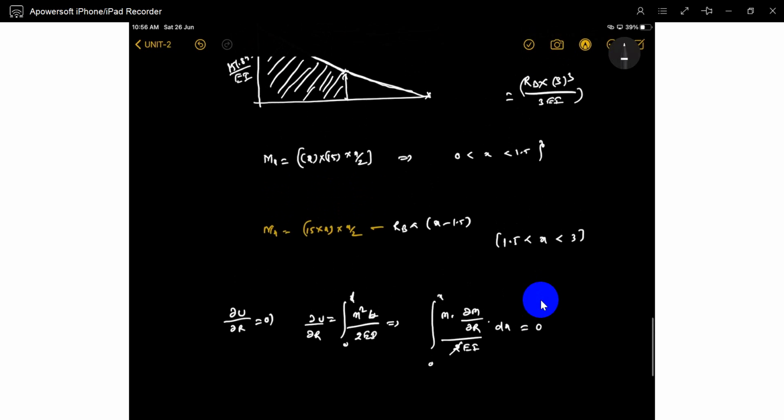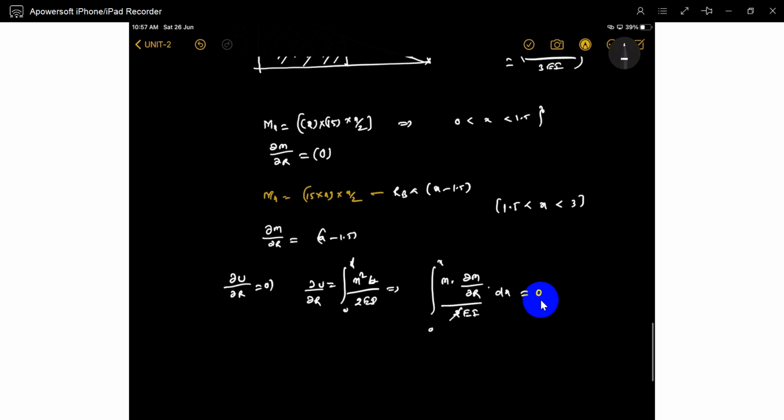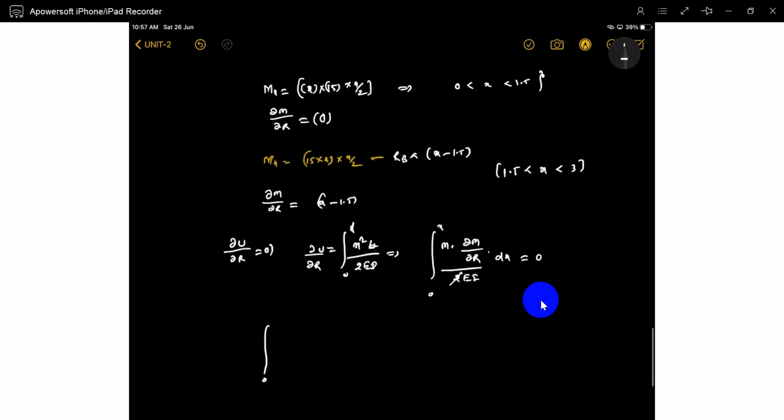And also I calculated dou M by dou R here. What is dou M by dou R for the first term? There is no R, so that is 0. For the second, it is only x minus 1.5. So for the first part, 0 to 1.5, M is 15 into x square by 2 and dou M by dou R is 0, no need to do it.